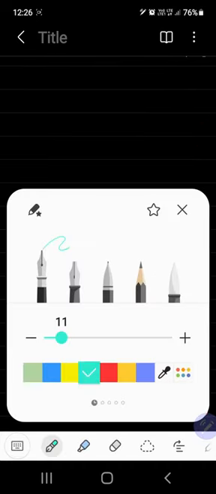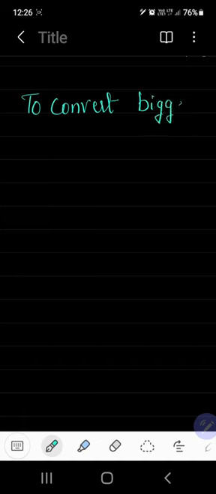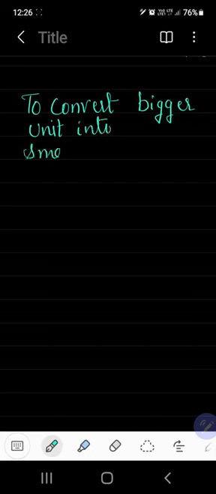Children, when we convert a bigger unit into a smaller unit, we multiply.